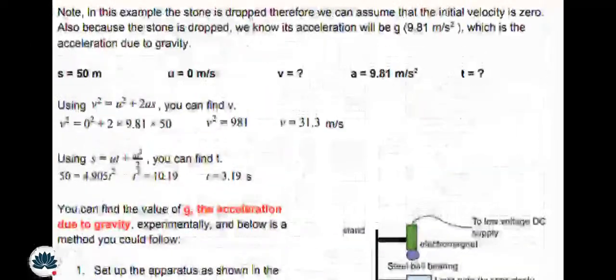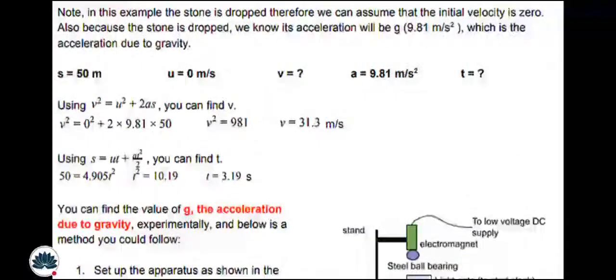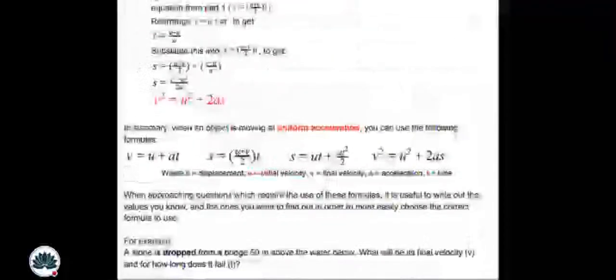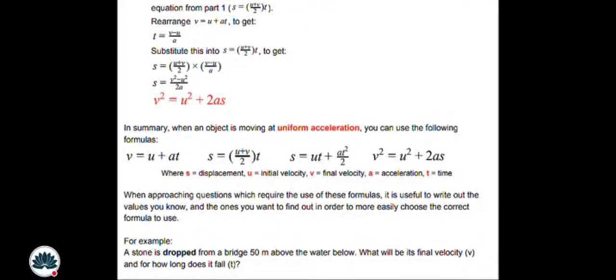Now just see the note in this example. s is given to you, meaning the displacement was 50 meters, and u is equal to 0 meters per second. How can you say that u, the initial velocity, is 0 meters per second? Because, just focus: a stone is dropped from a bridge 50 meters above the water below.